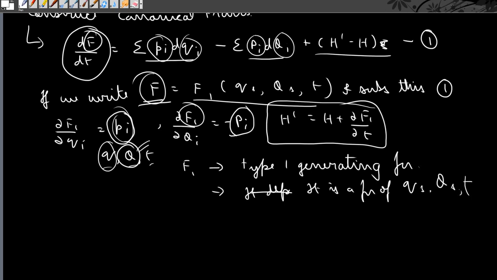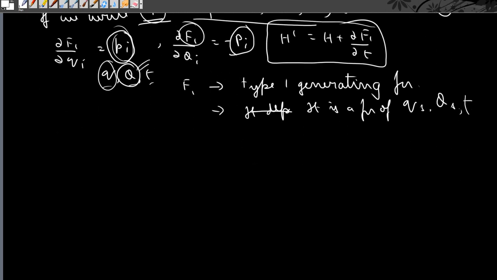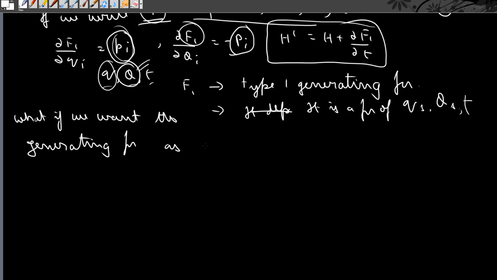Okay, now what if we want our generating function to be a function of the old coordinates, the new momenta and time instead of the new coordinates?